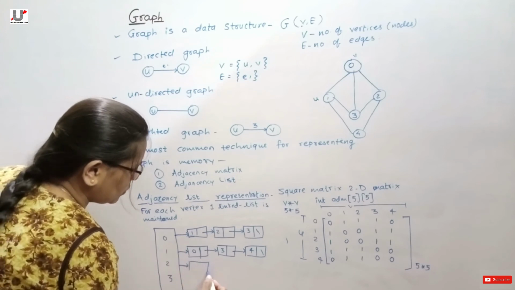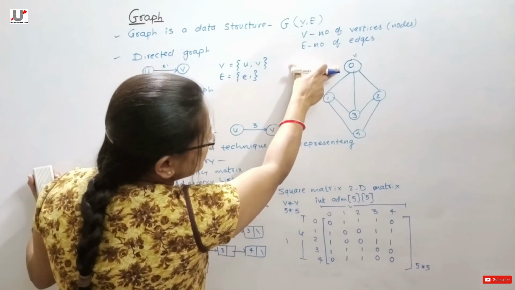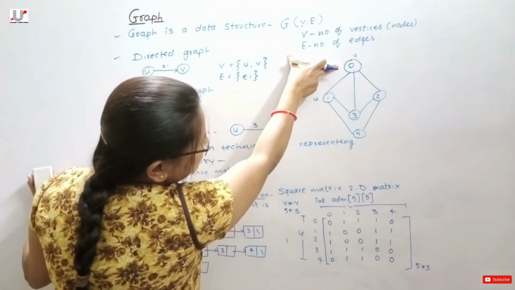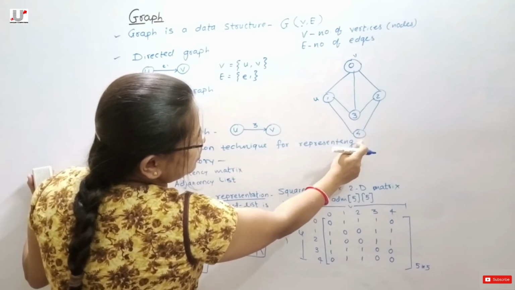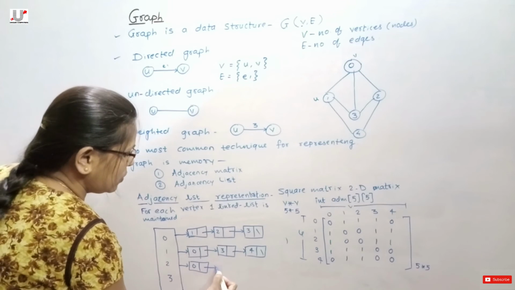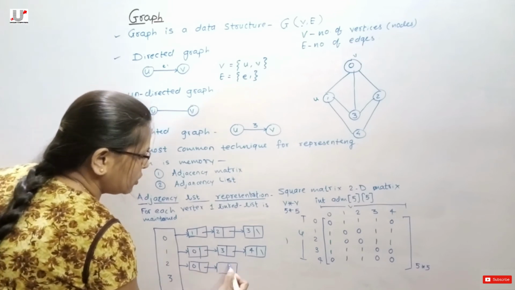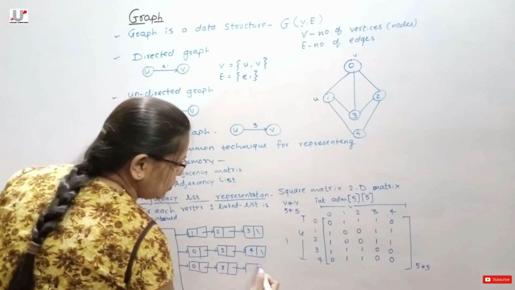From 2, is there any edge? From 2, there are direct edges to 0, 3 and 4.